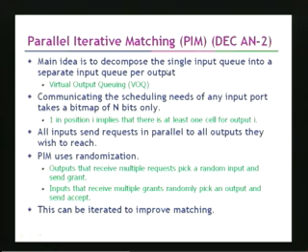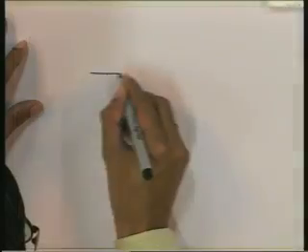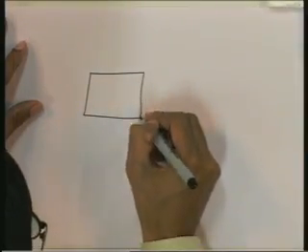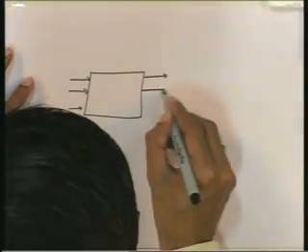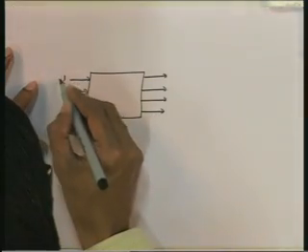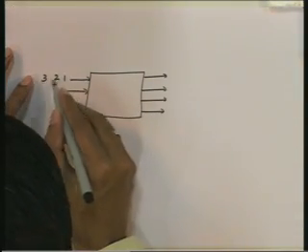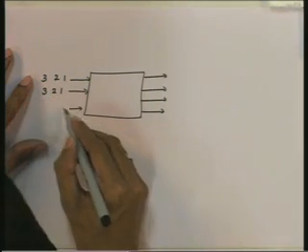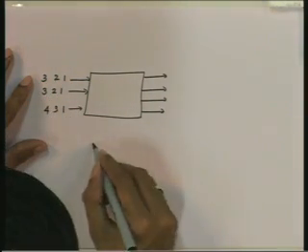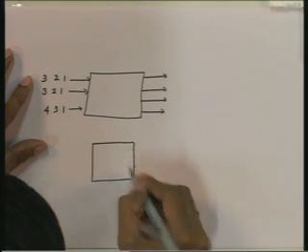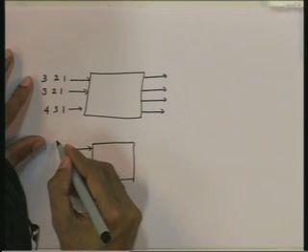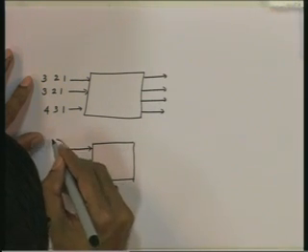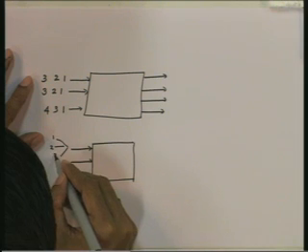As you can see in the previous example that we had shown, we had the packets at the input, which were meant for outputs 1, 2, 3, and this was again 1, 2, 3, and this was 1, 3, 4. So what you do is that instead of having an input queue like this, you actually have a queue per output port. So this is a queue per output port.